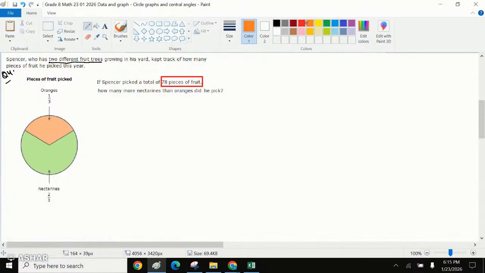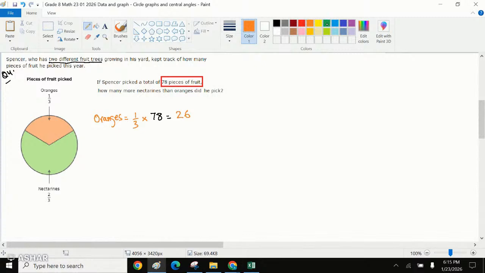Then oranges were 1/3 of 78. Agreed? So we can simply write 78 divided by 3. That means there were 26 oranges.